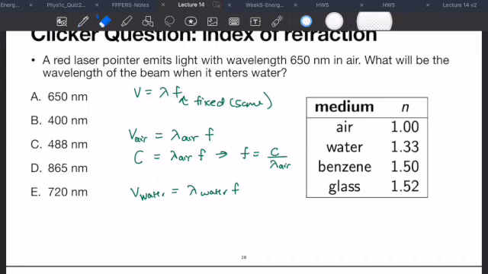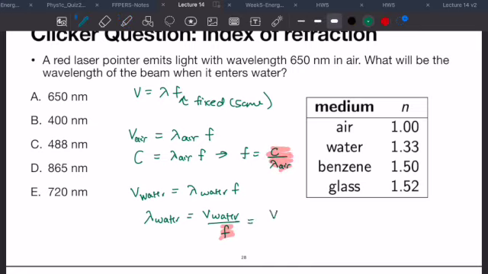And then I come to this equation, v water. What I'm trying to find is lambda in water. So let's get lambda water by itself, and we get v water divided by f. And for f, I'm going to plug in c over lambda air. So we get v water over c, and since I'm dividing by lambda air, that's the same thing as multiplying by lambda air up here.